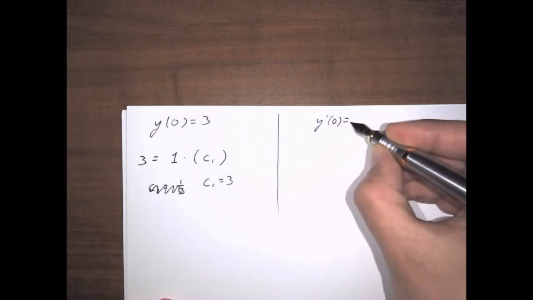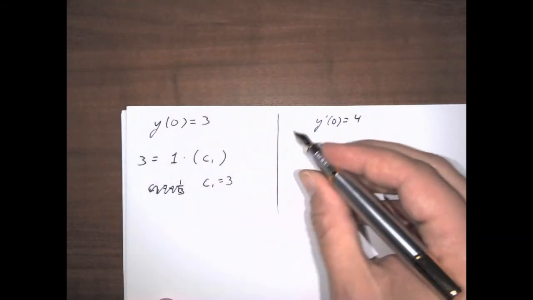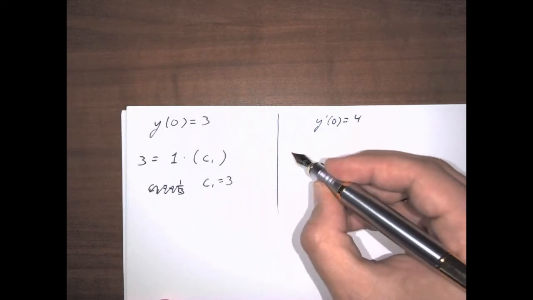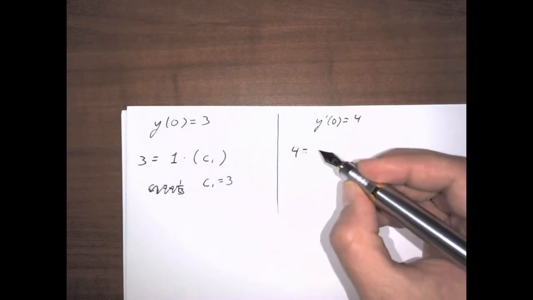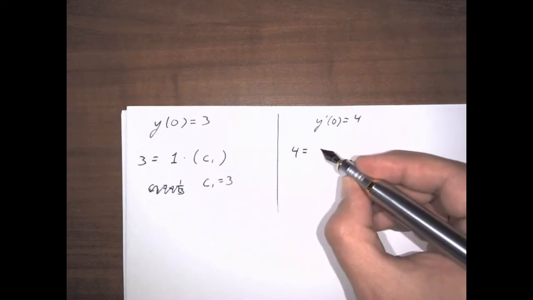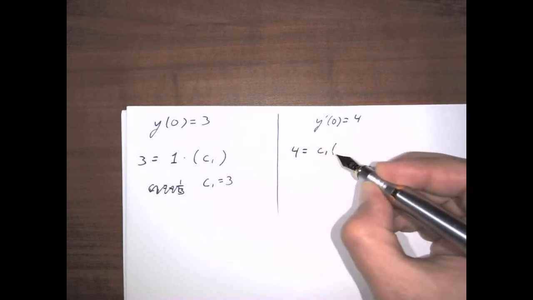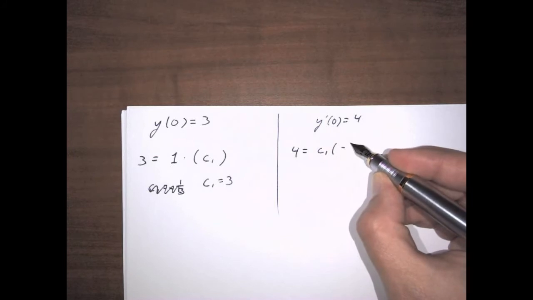Okay, now for the y prime of 0 equals 4. So then that's going to give us, looking at it here, 4 equals. And now for the c1, let's look at what survives and what doesn't. So we're going to have c1 times negative 1/3.